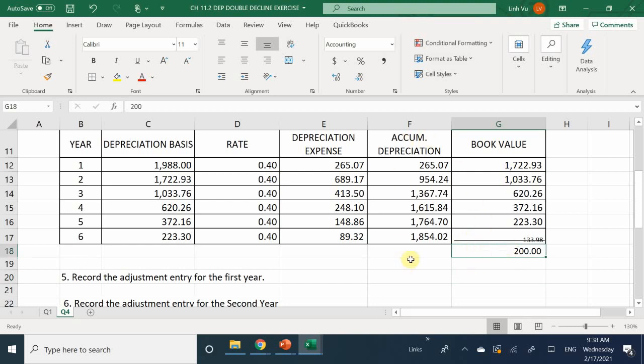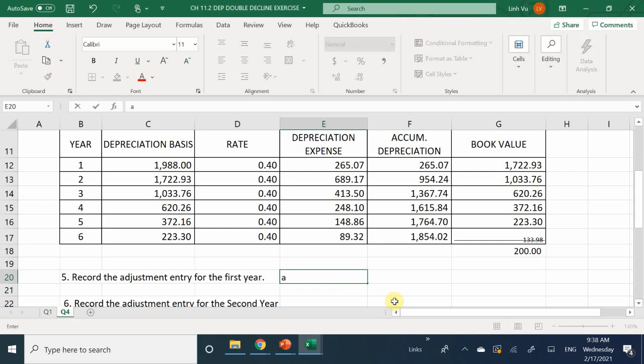What is the formula for accumulated depreciation? Previous year's accumulated depreciation plus current year's depreciation expense.